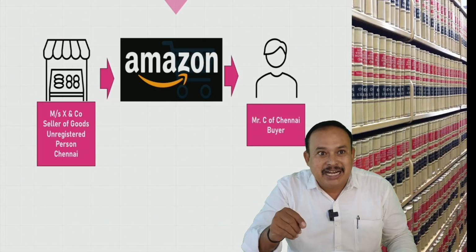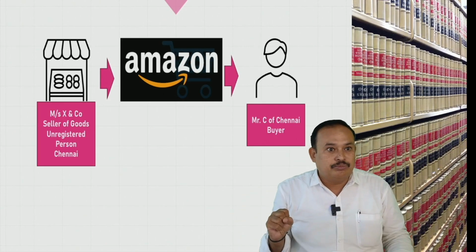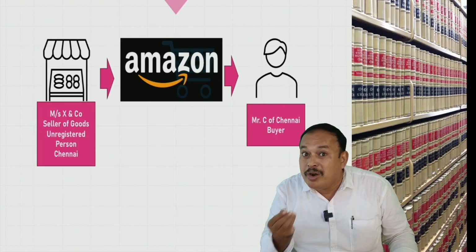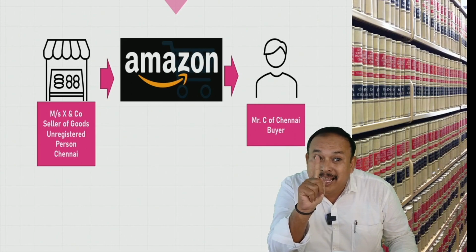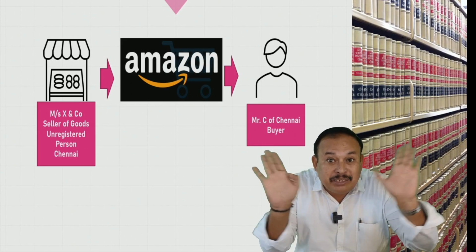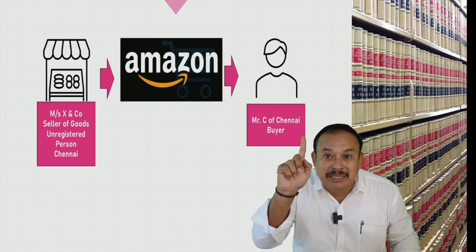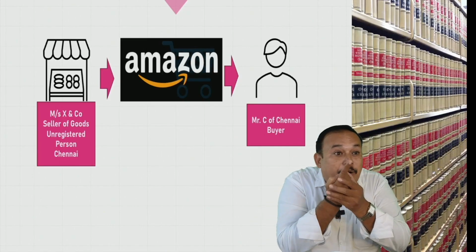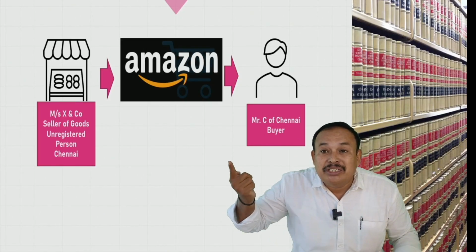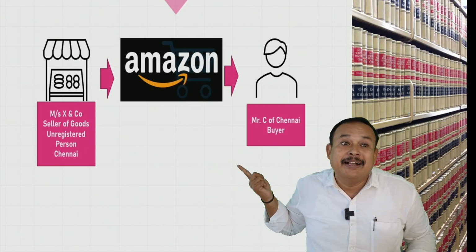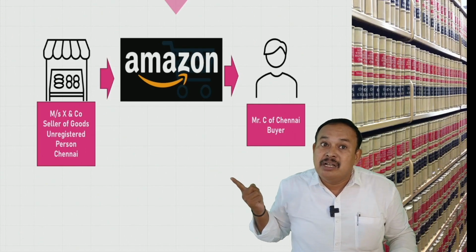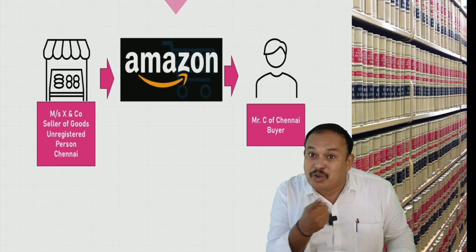Once you authenticate, the system will recognize you and allot you one enrollment number. Enrollment number, not a registration number. With that enrollment number, you go to your e-commerce operator. Who is the e-commerce operator? Amazon. Amazon, an unregistered person selling the goods through your platform.